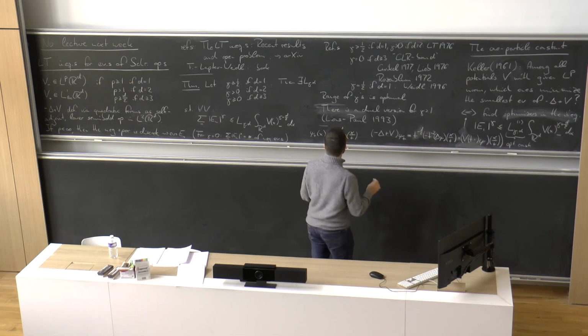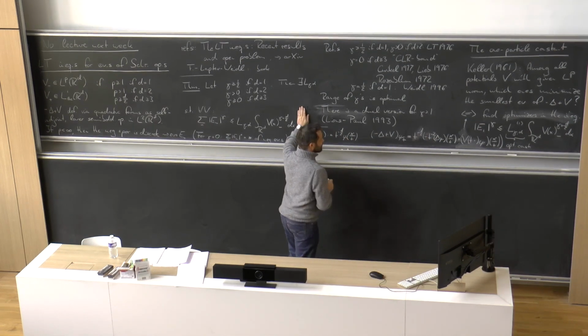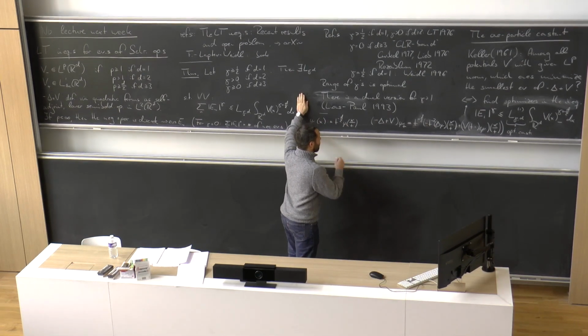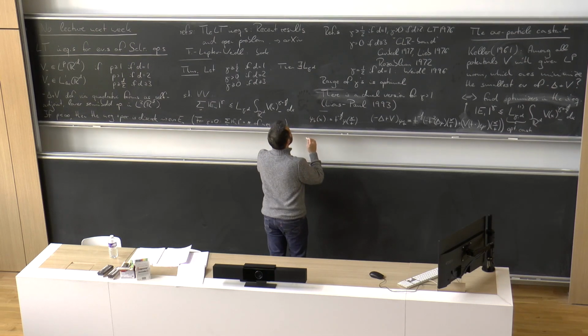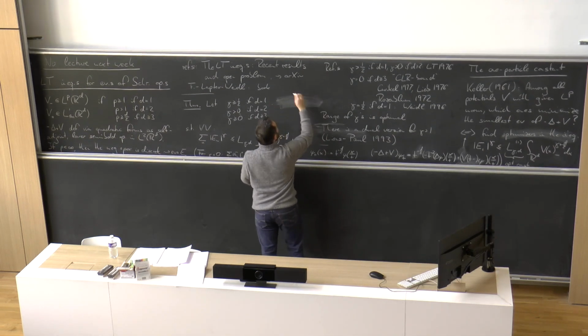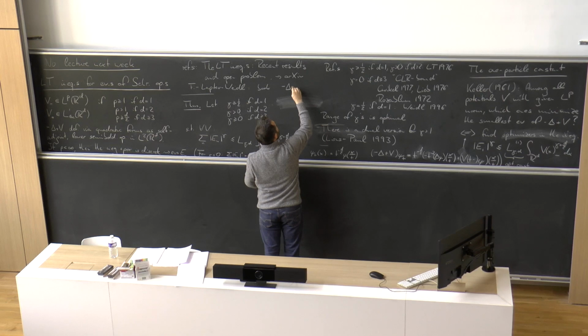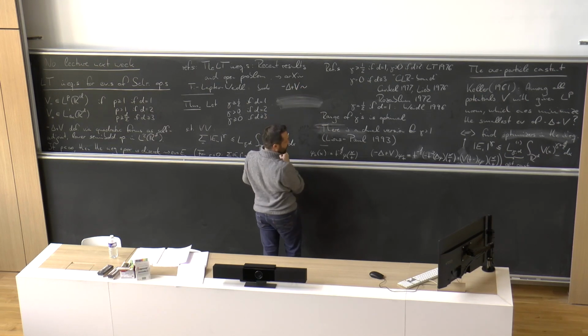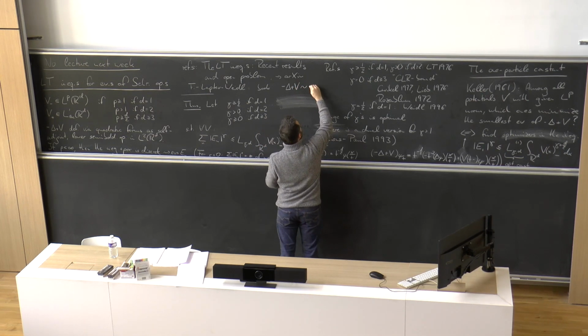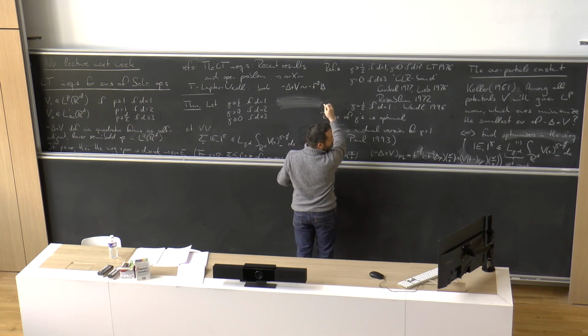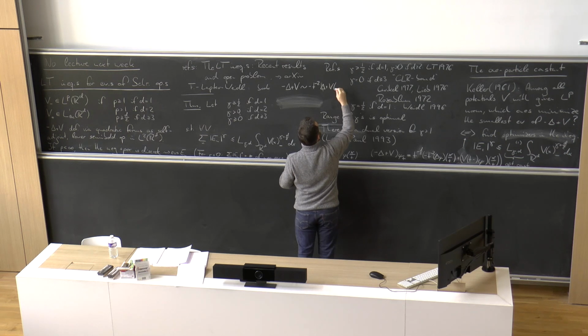So in other words, what I've shown you is that minus Laplacian plus v is unitarily equivalent to minus t to the minus 2 delta plus v of t dot.